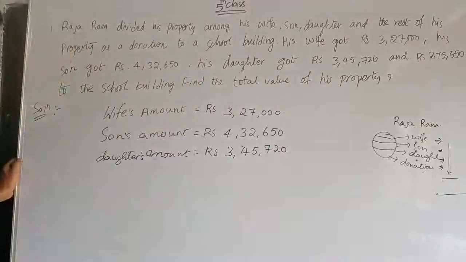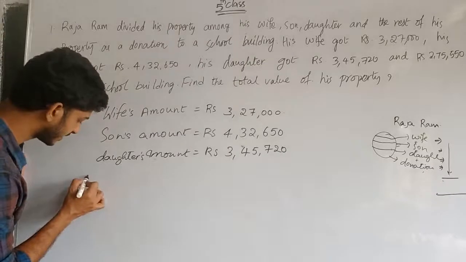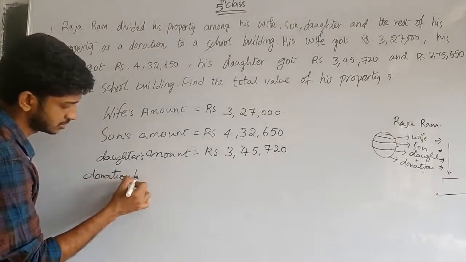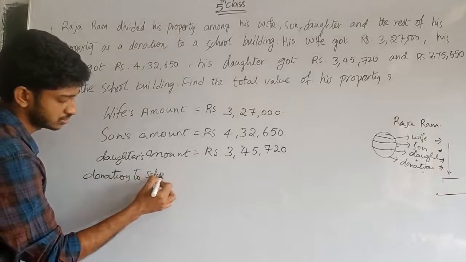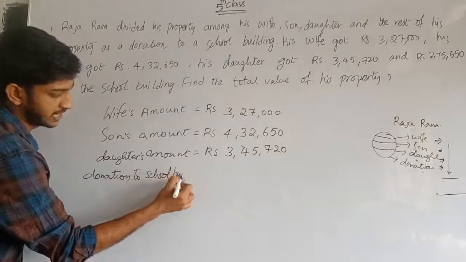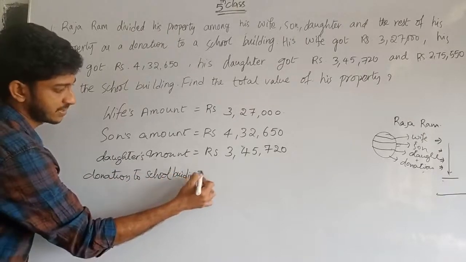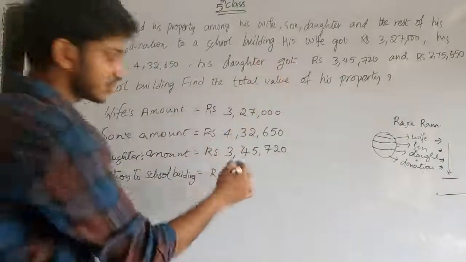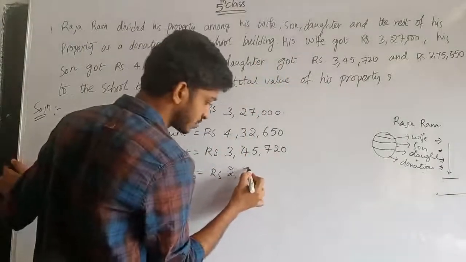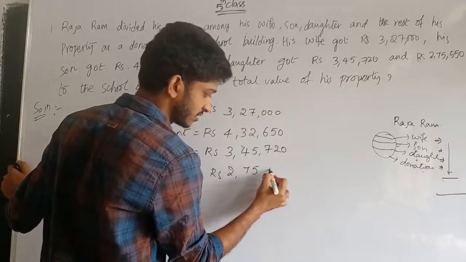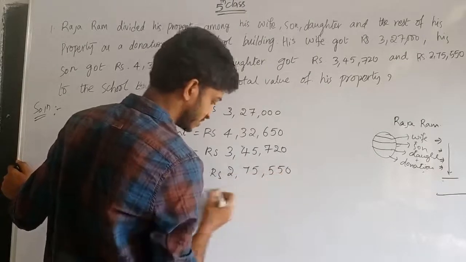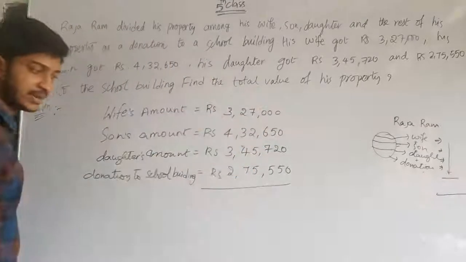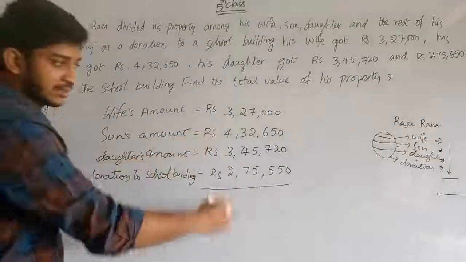And the donation to school building equals 2,75,550 rupees. Now, if you want the total value of this property, simply we have to add these 4 numbers.